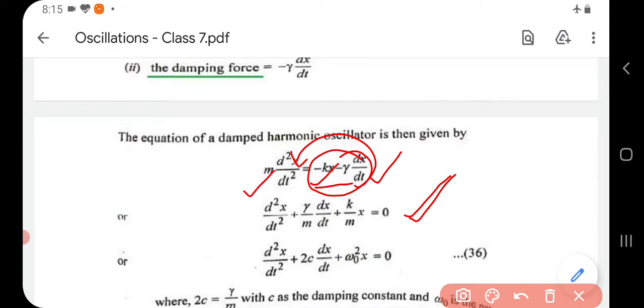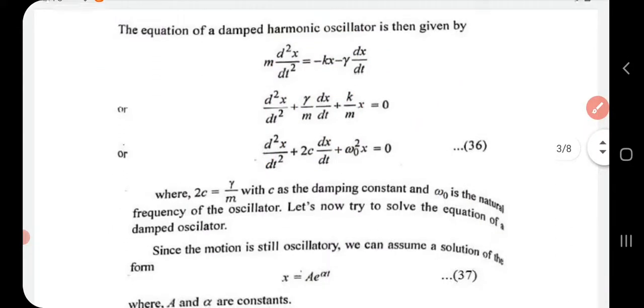Here d square x by dt square is kept as such. Gamma by m is replaced with 2c, and k by m is replaced with omega 0 square. Here 2c is gamma by m, where c is the damping constant and omega 0 is the natural frequency of the oscillator.